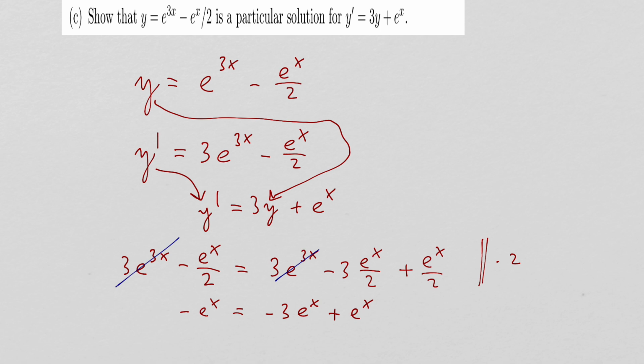Okay, I had a mistake here. Here was just e to power x. So here this number 2 was extra. So when I multiply with 2, I will get this one. And this is true. Minus 1 is equal to minus 3 plus 2. The equation is okay.